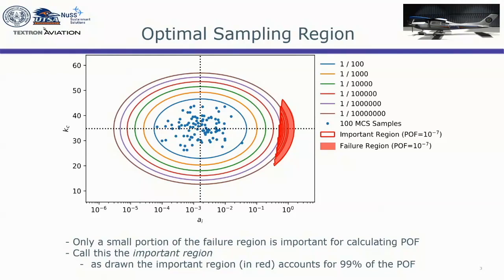If you looked at how much of the probability of failure from that entire region on the previous graph was inside of just this part, that's 99% of the POF. So if you can accurately sample that region, you can estimate the POF with a coefficient of variation of 1%.